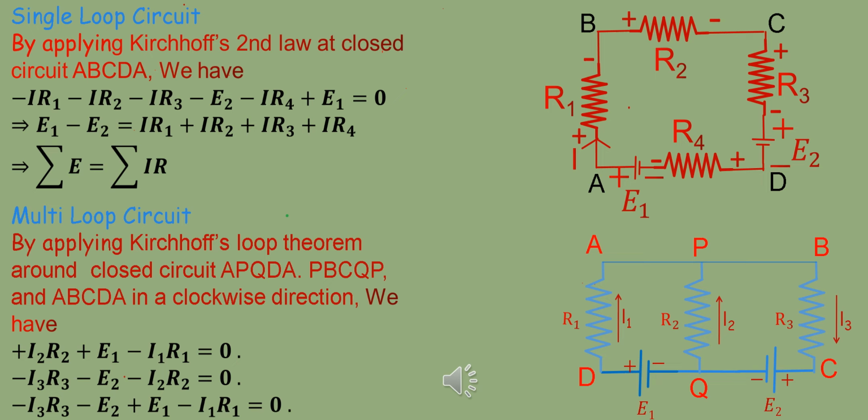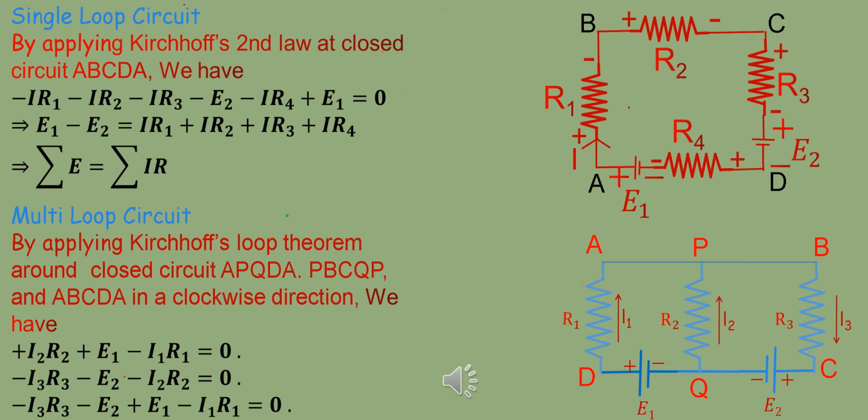And now we will apply Kirchhoff's second law in the closed circuit A, B, C, D, A. When we go from A to B, there is no potential change because A and B are the same potential point.